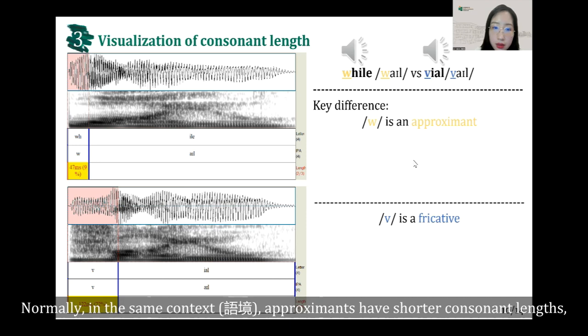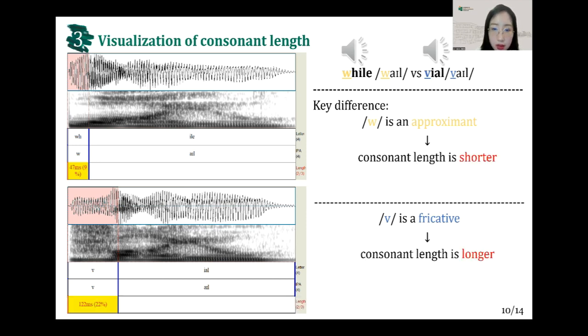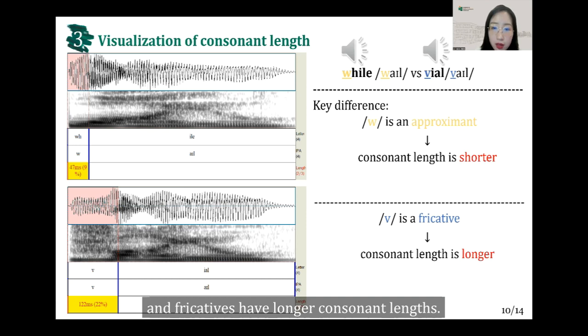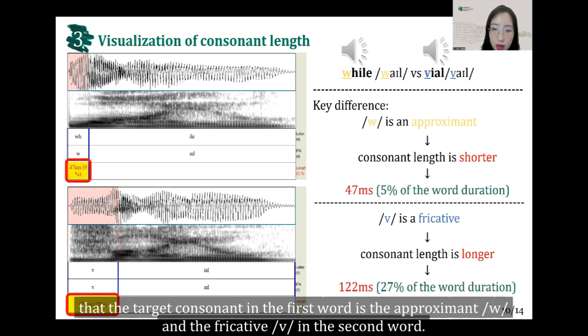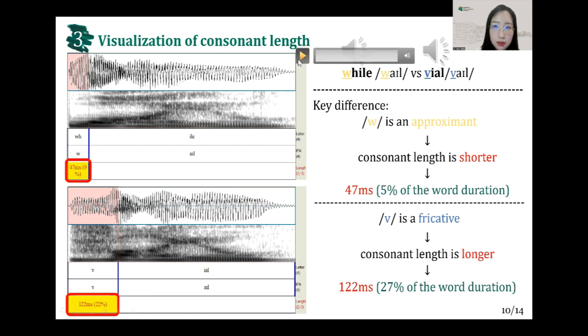Normally, in the same context, approximants have shorter consonant lengths, and fricatives have longer consonant lengths. The consonant length information also confirms that the target consonant in the first word is the approximant w, and the fricative v in the second word.